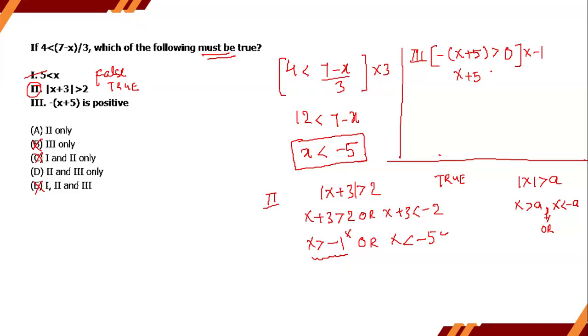From greater than, it will become less than 0. With this, we can infer that x is less than minus 5. And definitely, that means option 3 is again always true. If this is always true, we can eliminate option A, and option D is the correct answer. So hope this is clear.